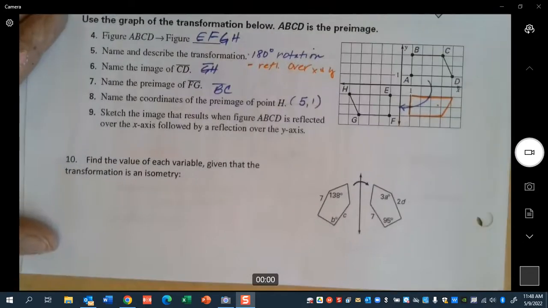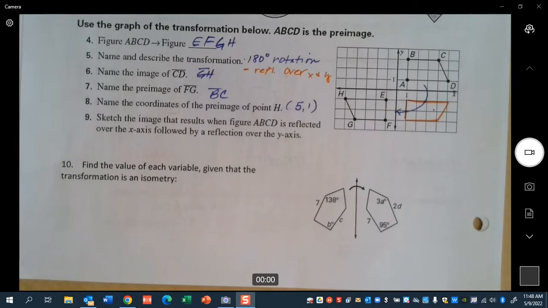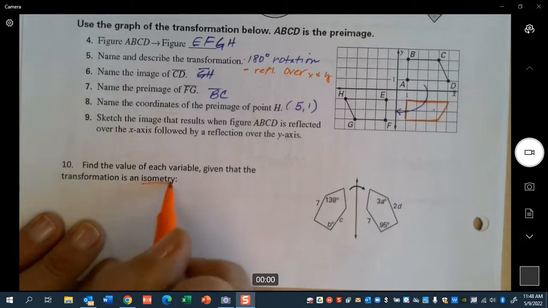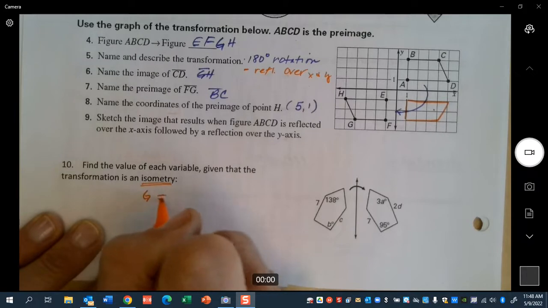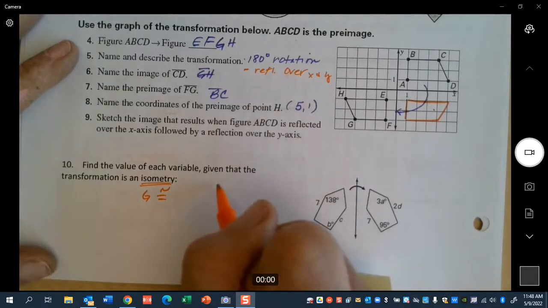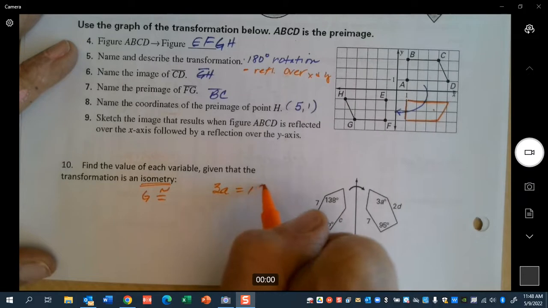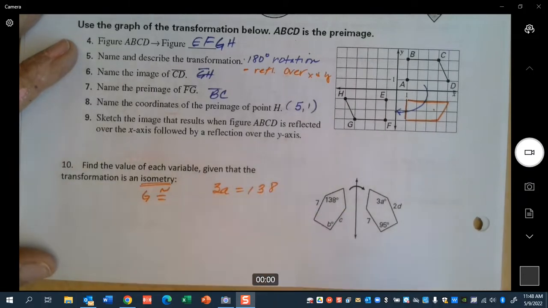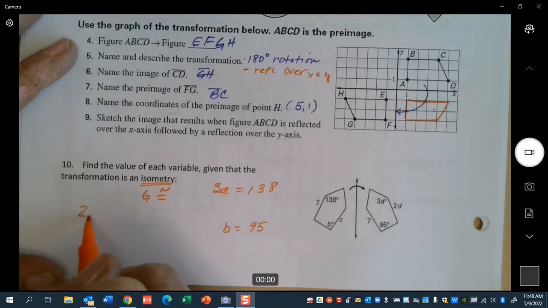All right, number 10, find the value of each variable given that the transformation is an isometry. This is one of those vocabulary words where once somebody tells you, oh, that means that they're congruent, now you can answer all these questions. Because 3 times A is going to be equal to 138, and B is equal to 95. And 2 times D is equal to 7.